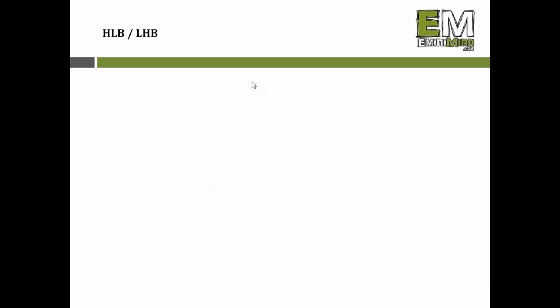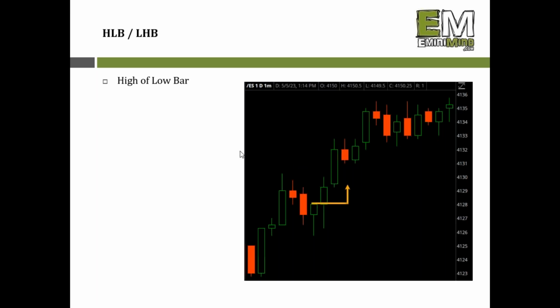So then the next phase would be what's called the high of low bar and the low of high bar. High of low bar essentially means the high price of the candle that's the lowest candle in the pullback.